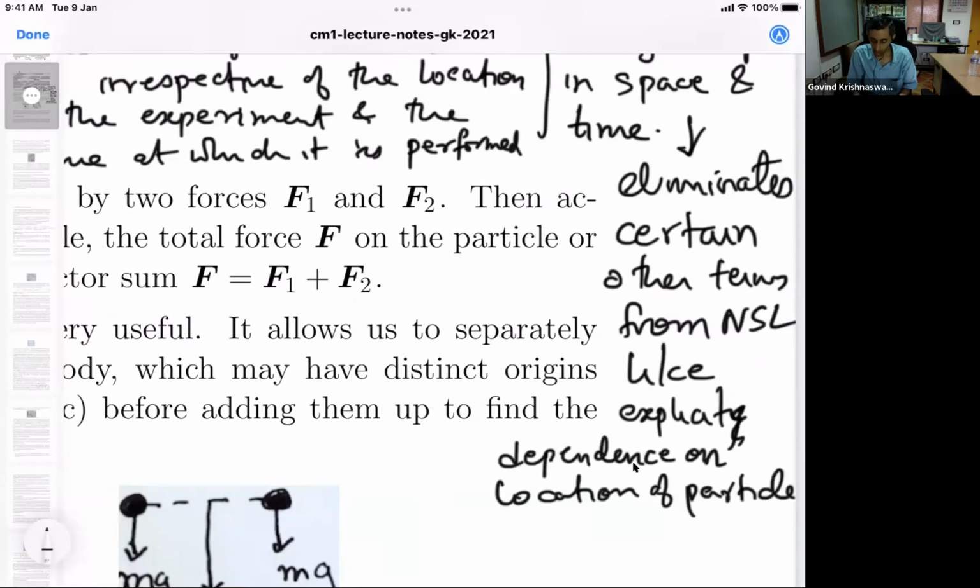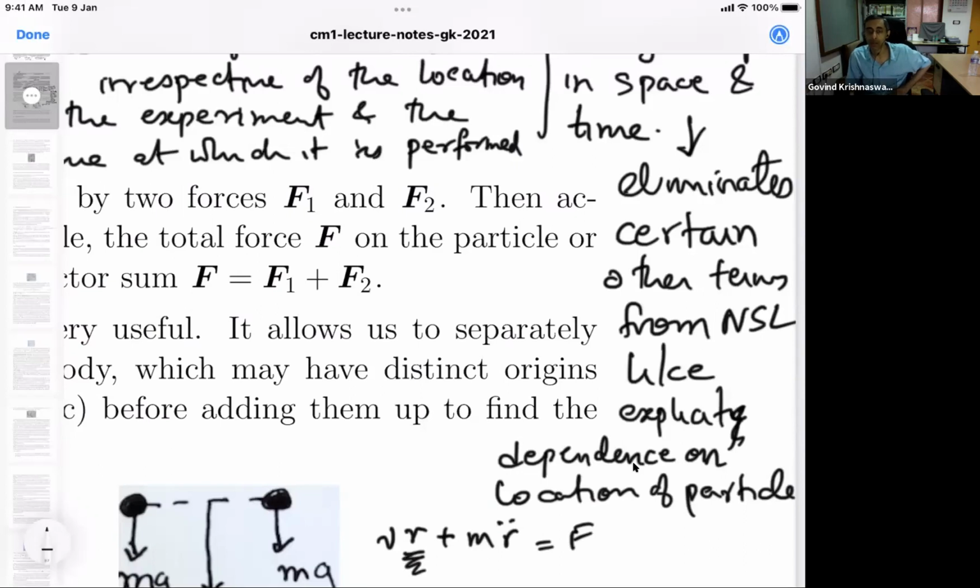What I mean is an equation of the sort nu r plus m r double dot is equal to force. Suppose this was Newton's law, it would violate the homogeneity of space because the location of the particle appears explicitly in the equation.